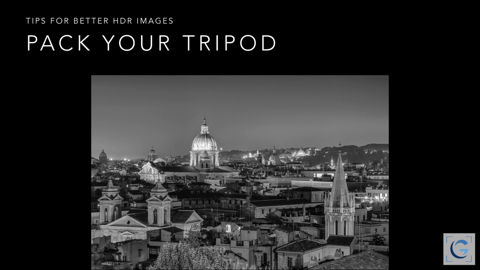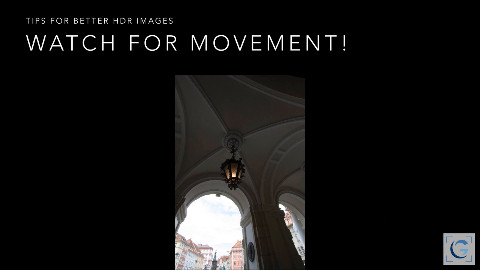Now, I do find that when it comes to using a tripod, there is a little bit of a risk of complacency. And what I mean by that is that you might think that you don't need to worry about motion because your camera is on a tripod. Or you might be photographing a scene and you feel like there's no movement here.